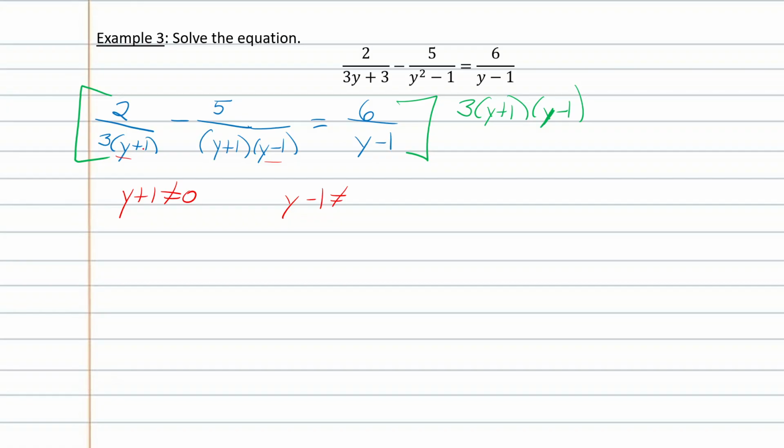If you did 3 times y plus 1, or if you did 3y plus 3 equals 0, what you would find is you get the same solution as the y plus 1. But if I solve both of these out here, I see that y cannot equal negative 1 is one of my unacceptable solutions, and y cannot equal 1 is my other unacceptable solution.